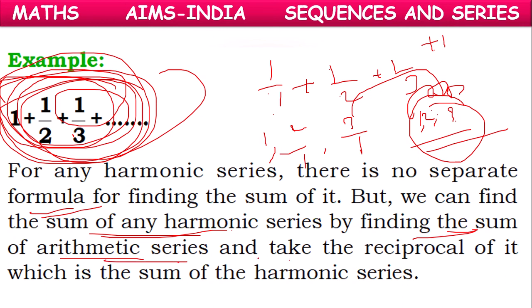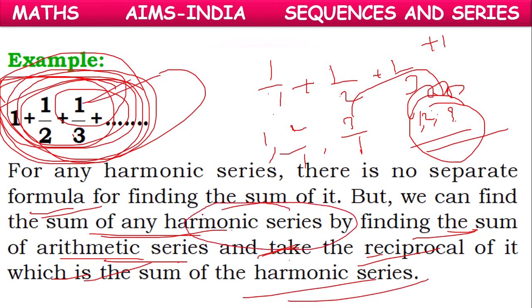Then finally, we have to take the reciprocal of that sum. That will be the sum of the harmonic series. So no separate formulas are involved in the case of harmonic series. We have to convert into an arithmetic series, find whatever requirements we have, then take their reciprocals. Okay.